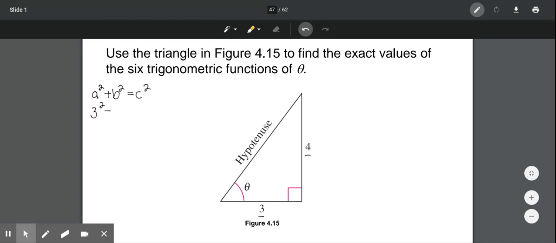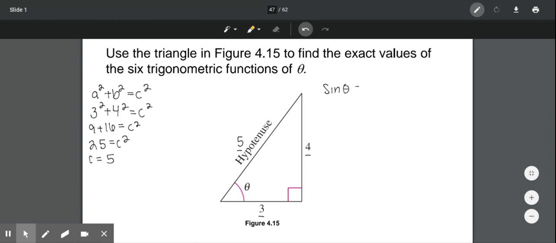So we could say 3 squared plus 4 squared equals c squared. So 9 plus 16 equals c squared. So 25 is c squared, which means that c is 5. Okay, or maybe you just recognized from the beginning that it was a 3, 4, 5 triangle, and you could go right to that.